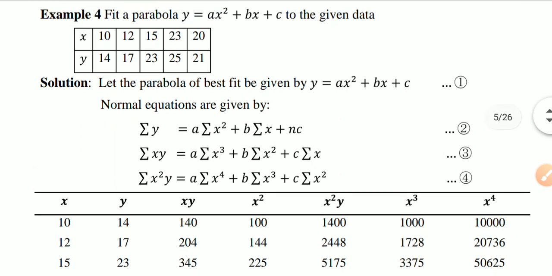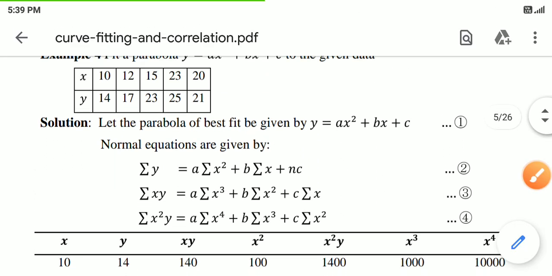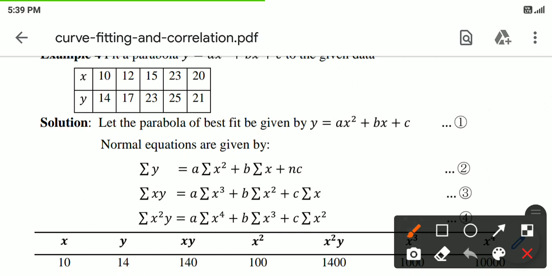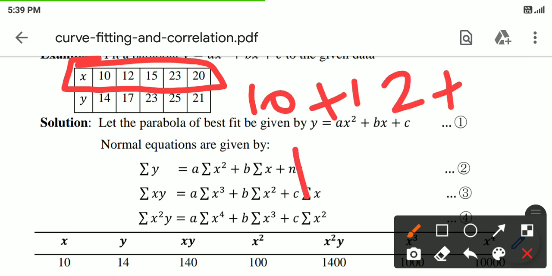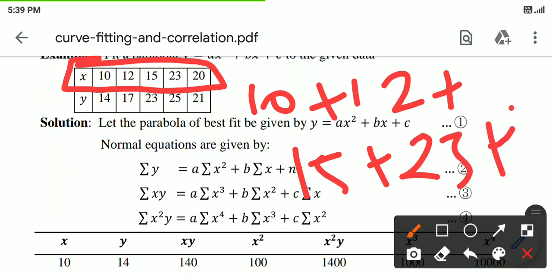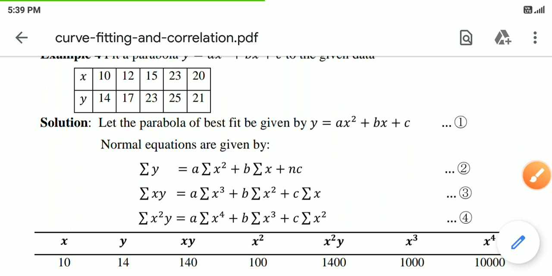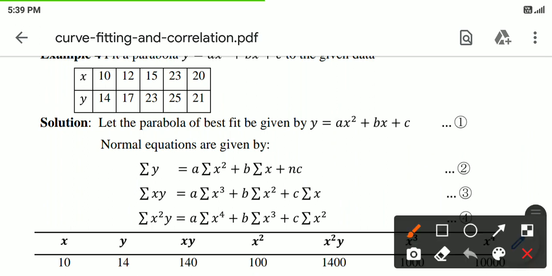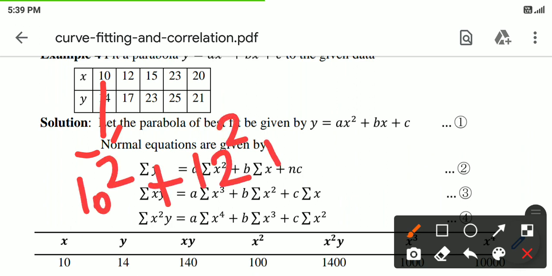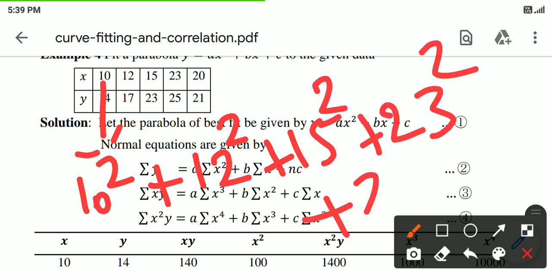What is summation x? Summation x is the sum of data of x: 10 plus 12 plus 15 plus 23 plus 20. What is summation of x square? First of all you have to square each element, 10 square plus 12 square plus 15 square plus 23 square plus 20 square.